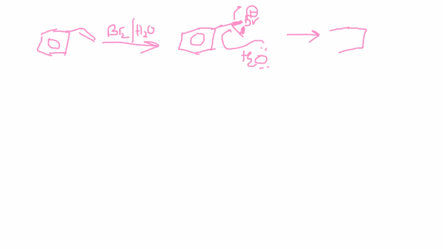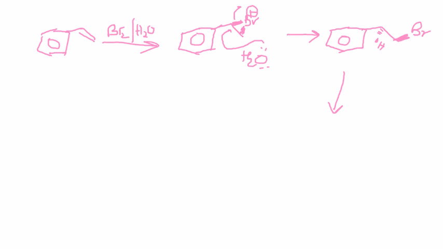That means you could either draw the Br pointing upwards or pointing downwards, but the incoming water is going to come from a direction that's opposite to it, and in this case it's going to ring open at that benzylic position carbocation, so that if let's say it was pointing upwards, this is the product that you're going to end up with.